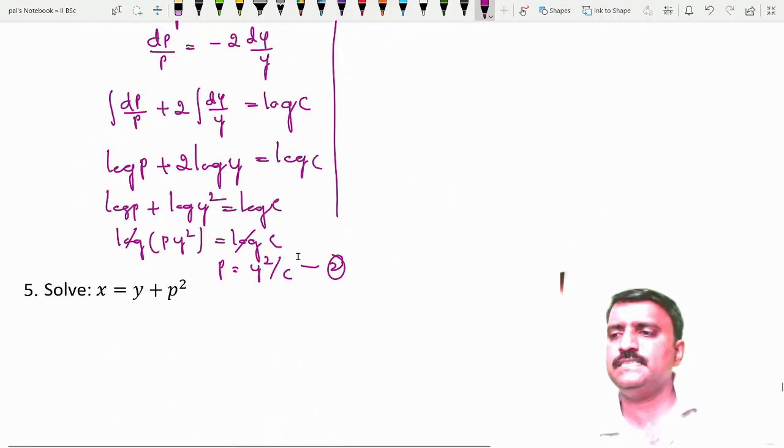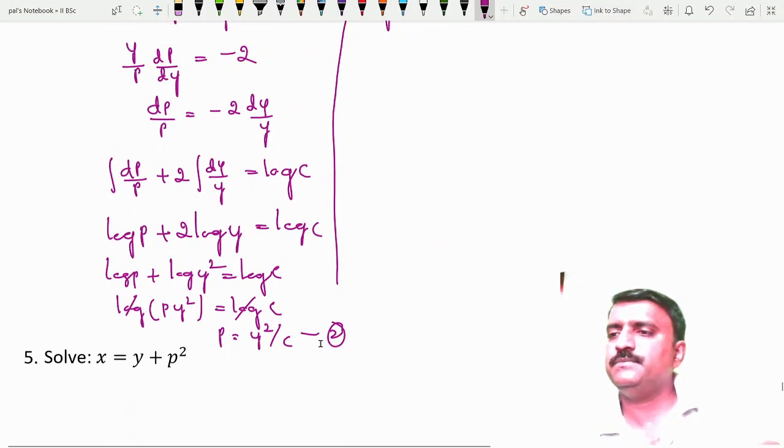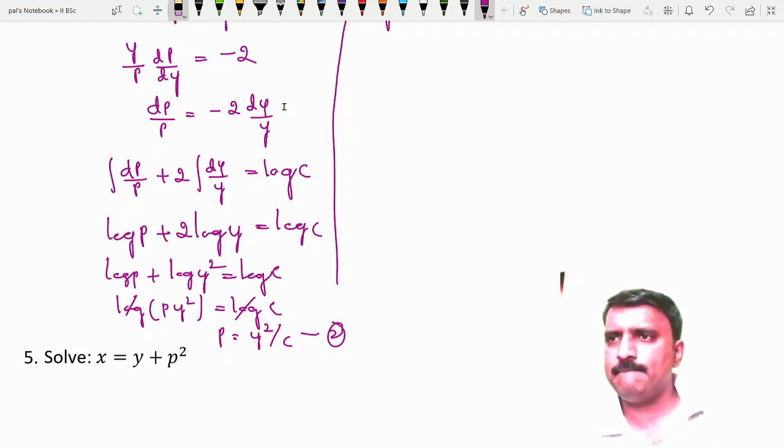Sorry, p is equal to c by y square. That is in equation 2.